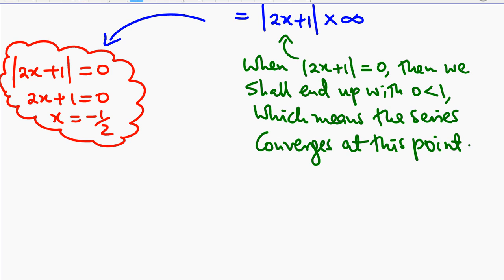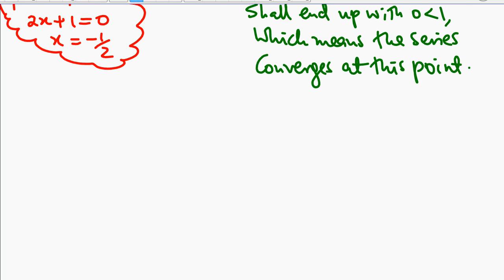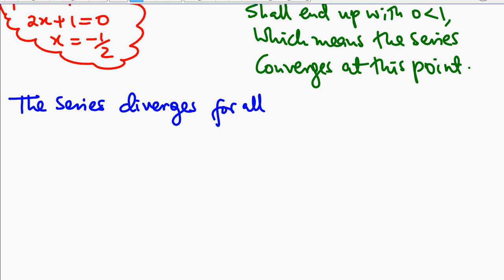So we can write that here. It diverges for all other values, except when x is equal to negative a half.